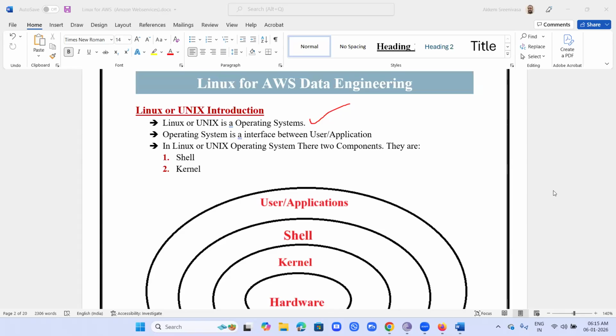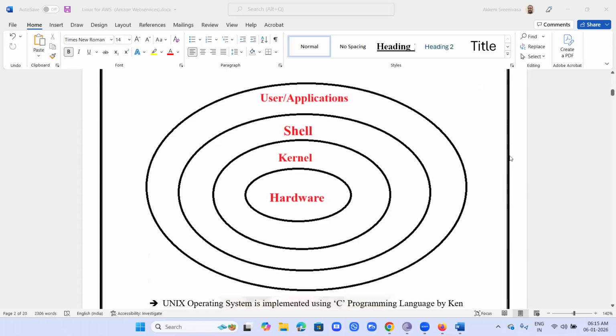Let me explain diagrammatically. In Linux, we have two important components: shell and kernel.